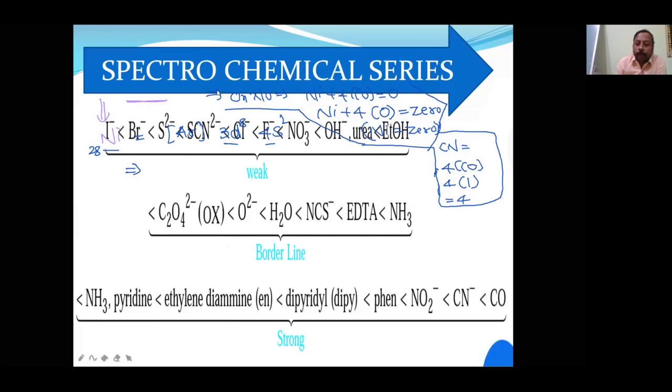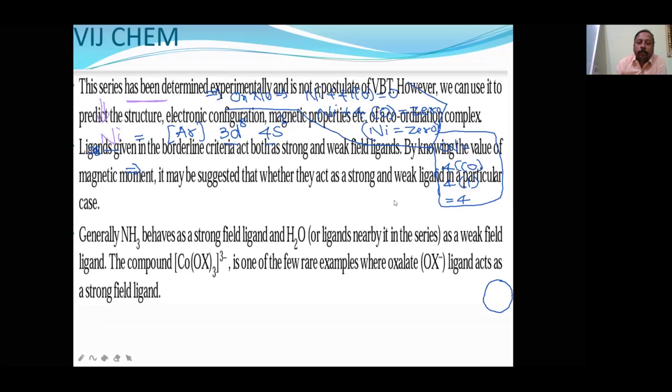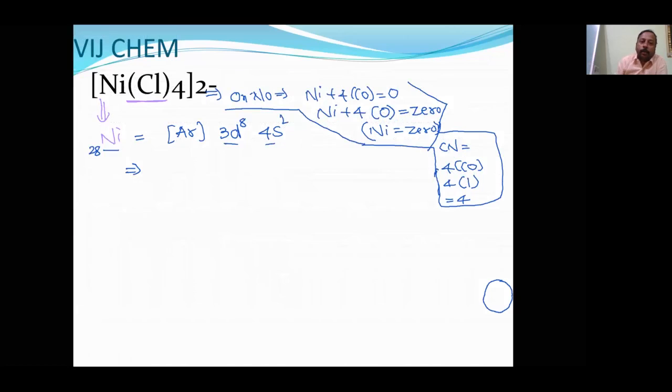Carbon monoxide is the strongest ligand. Once it is a strong field ligand, there should be one more type of electronic configuration. I am writing this so that in the board exam descriptive answer you can write it properly.